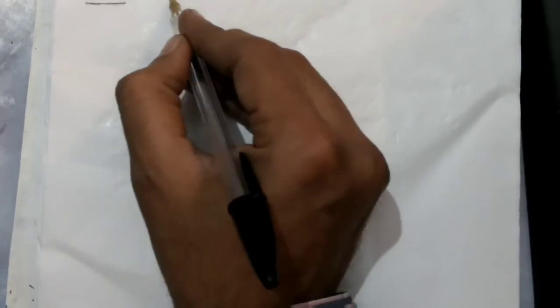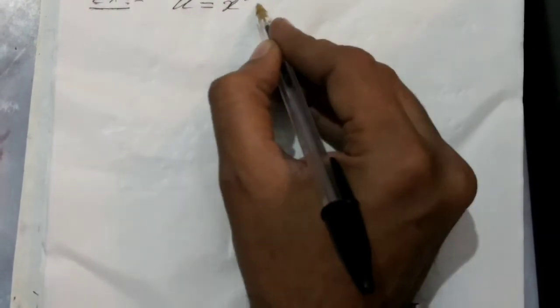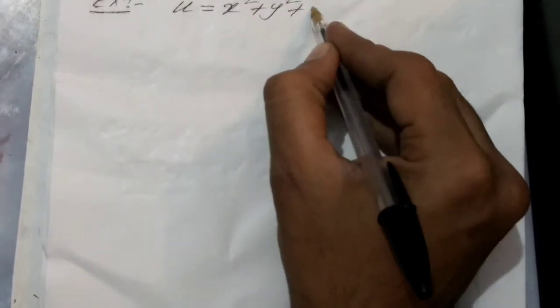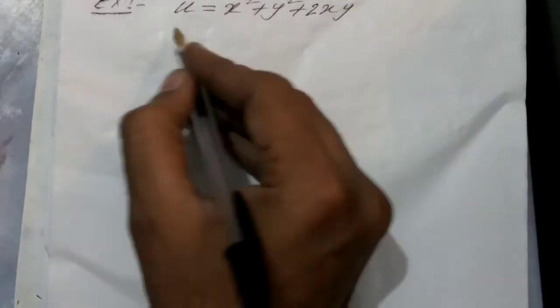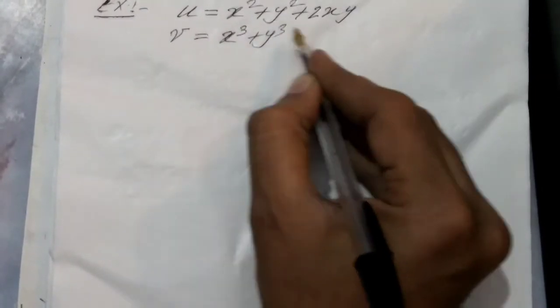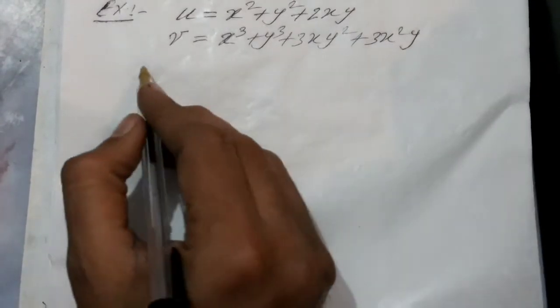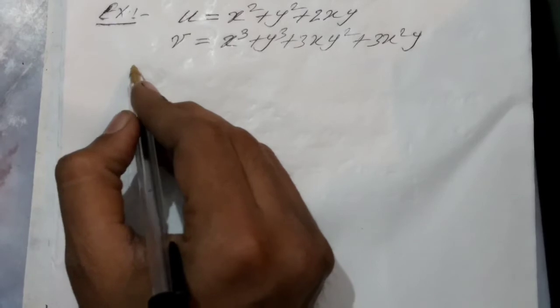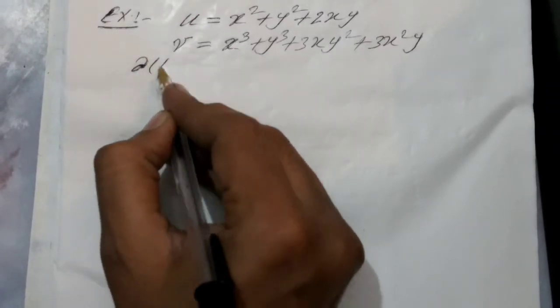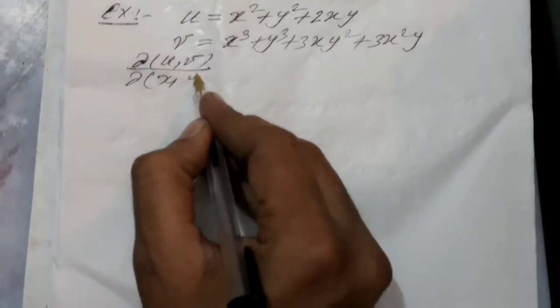As for example, u is equal to x square plus y square plus 2xy, and v is equal to x cube plus y cube plus 3xy square plus 3x square y, and we need to find out Jacobian of u and v with respect to x and y, that is del u comma v upon del x comma y.